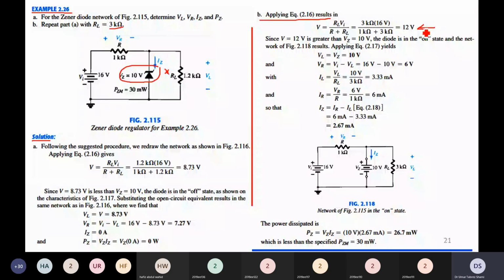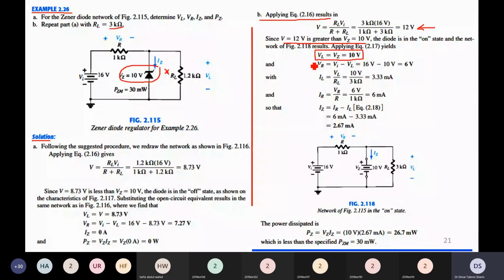Now this 12 volts is greater than VZ equal to 10 volts. Thus, the diode is now on. It is now experiencing the Zener diode voltage breakdown. Therefore, we will take VL equal to 10 volts. This is the most important point for part B. In the first step, we removed the Zener diode and found the voltage across RL.